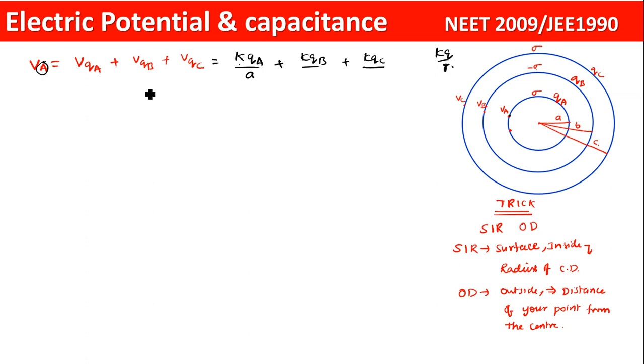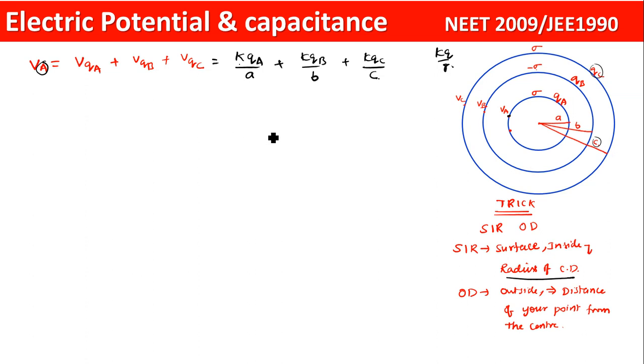Now your point is inside for the QB charge distribution, so you consider its radius, B. Now KQC: your point is inside for the QC charge, so again the radius of the charge distribution, which is C.